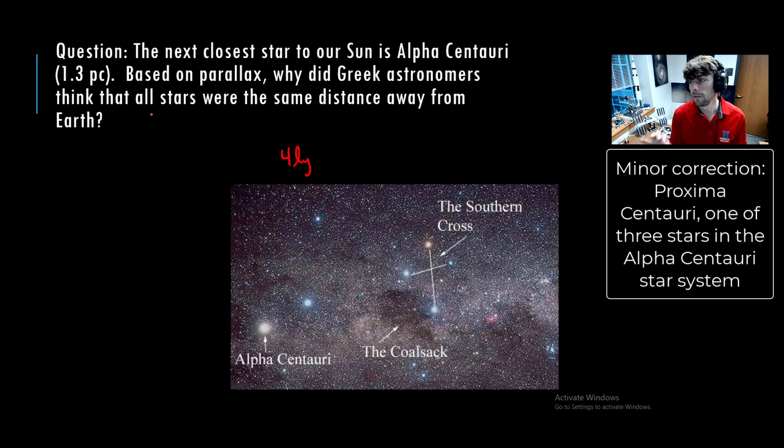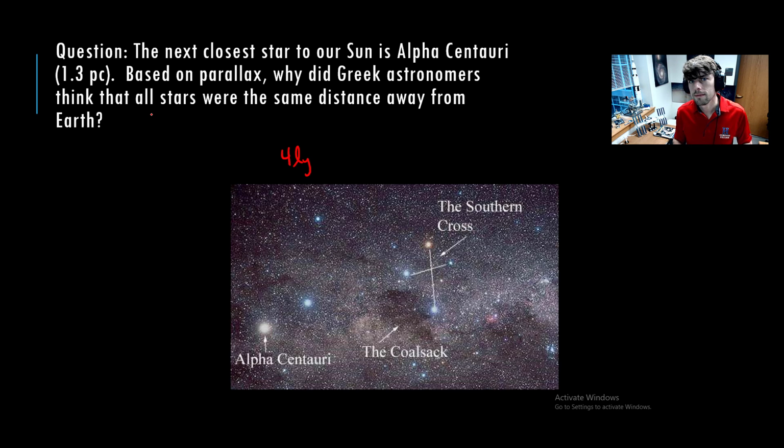So the first thing I recommend you doing, go ahead, find the parallax angle. And then I need you to sit down and think about why ancient Greek astronomers would think that all stars are the same distance away. Go ahead, take a minute. You got it? Yeah, good.